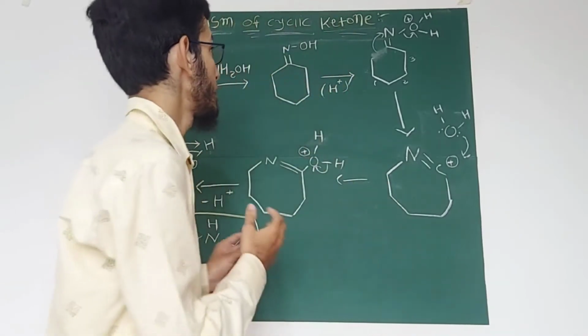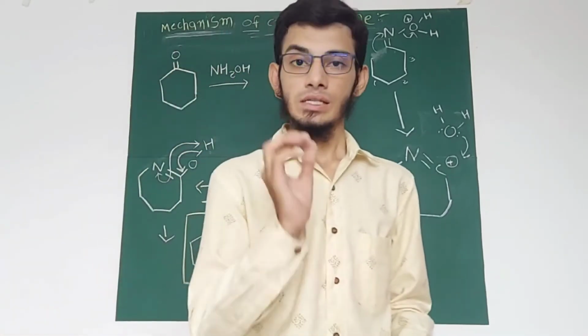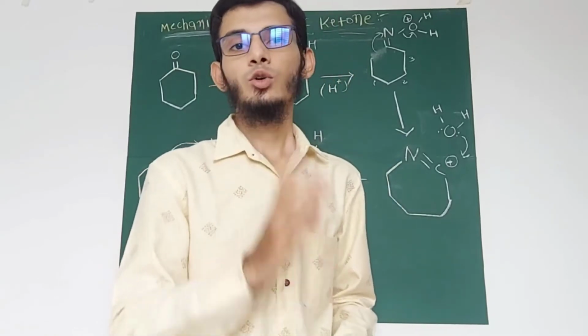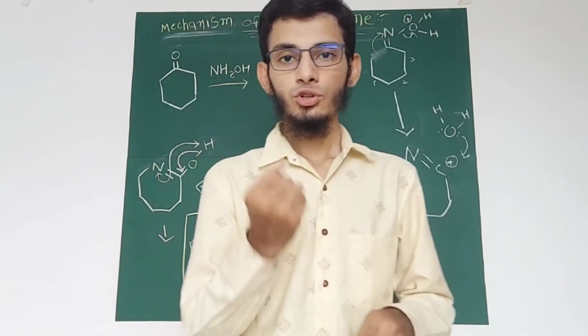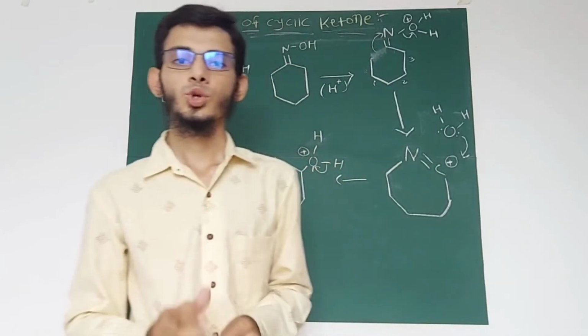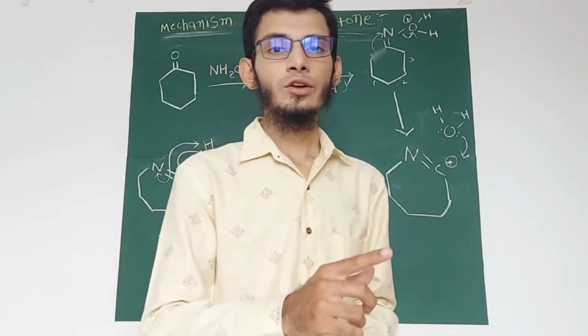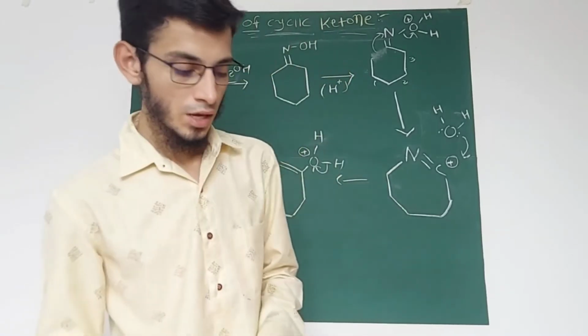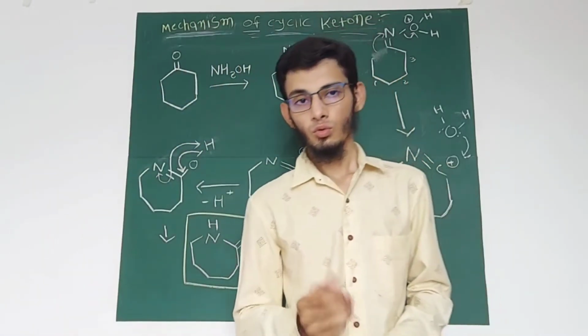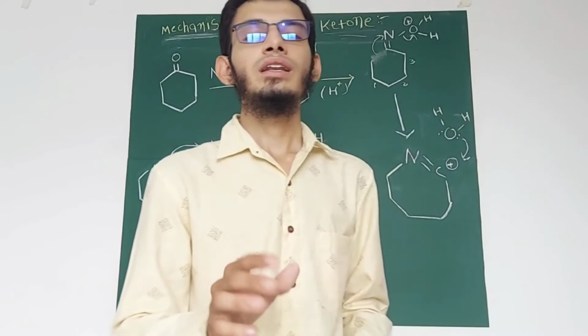So in Beckmann rearrangement, experiment says that the aryl group will migrate first. If you use an alkyl aryl ketone, the aryl group will migrate first, then the alkyl. Then hydrogen.